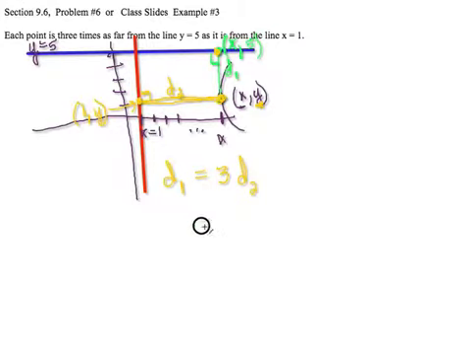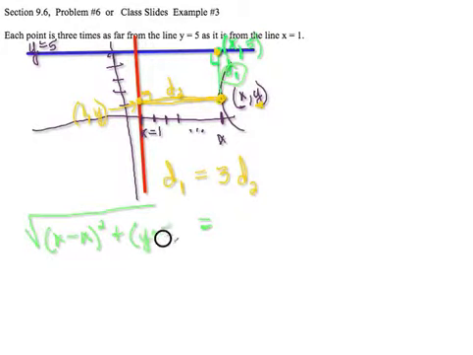All right. d1 is going to be this distance right here. And so I can see here it's going to be the square root, just using the distance formula, of the change in the x coordinates squared, plus the change in the y coordinates squared. So it's going to be y minus 5 squared.